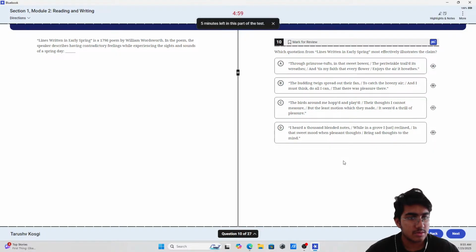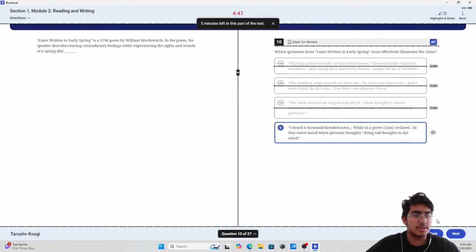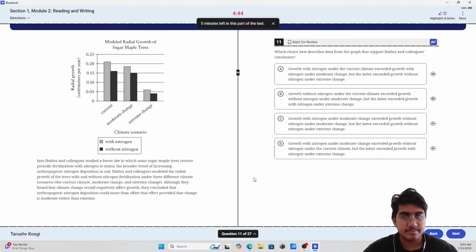Contradictory motion. Yeah. Contradictory. Anthropogenic nitrogen deposition could more than offset the effect, provided that change is moderate rather than extreme.